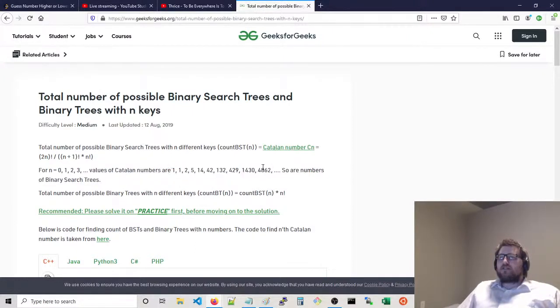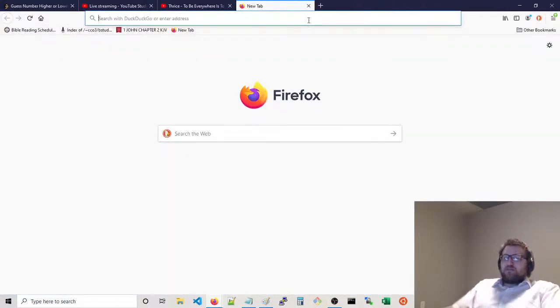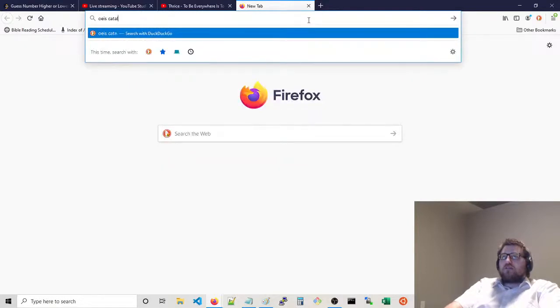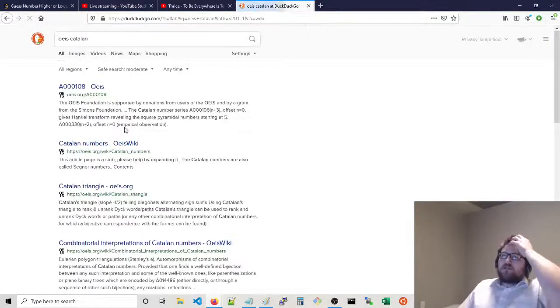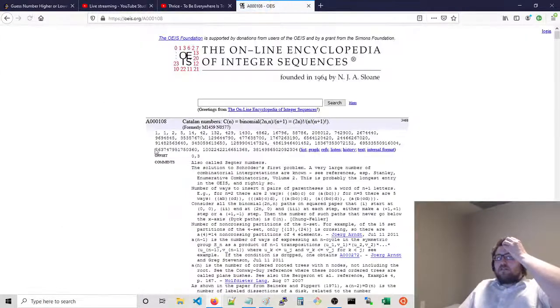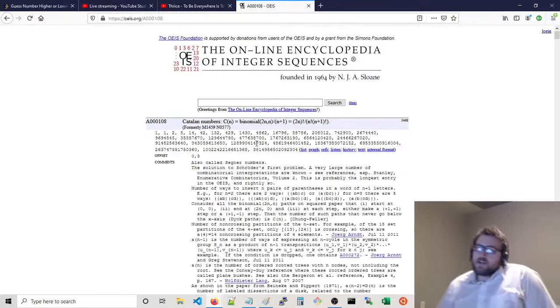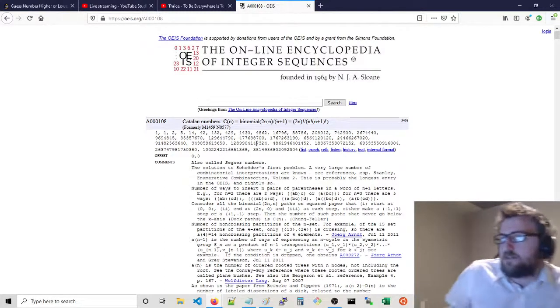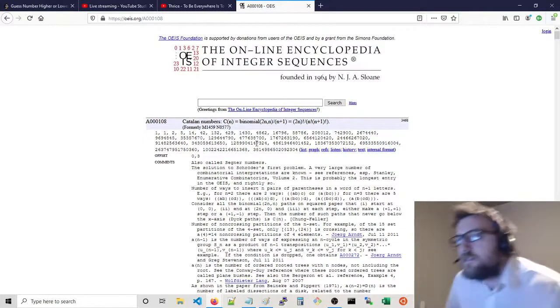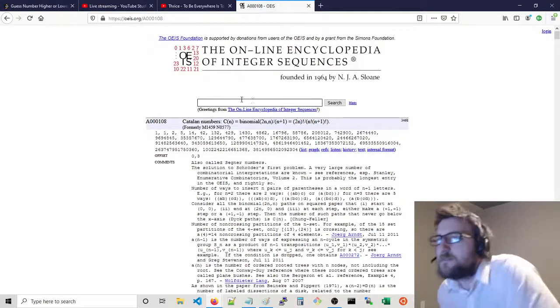Yeah, that's what I was gonna say. I think it's the Catalan numbers. The Catalan numbers are kind of big. I think they're exponential. Also called Segner numbers.